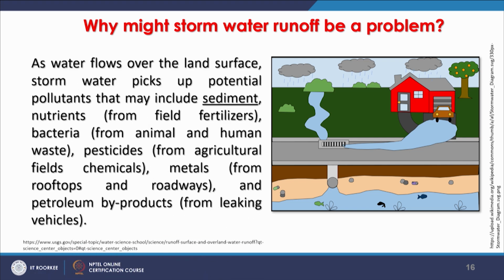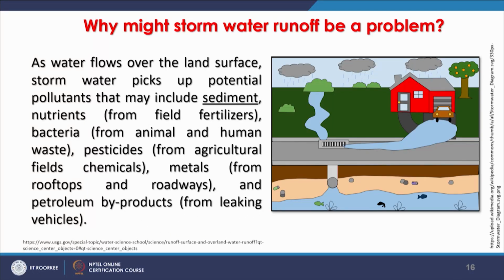So, stormwater runoff can be a problem. As water flows over the land surface, stormwater picks up potential pollutants that may include sediment, nutrients and fertilizers, bacteria from agricultural fields, chemicals, metals from rooftops and roadways, and petroleum products from leaking vehicles. All this will go into the water, into flood water.